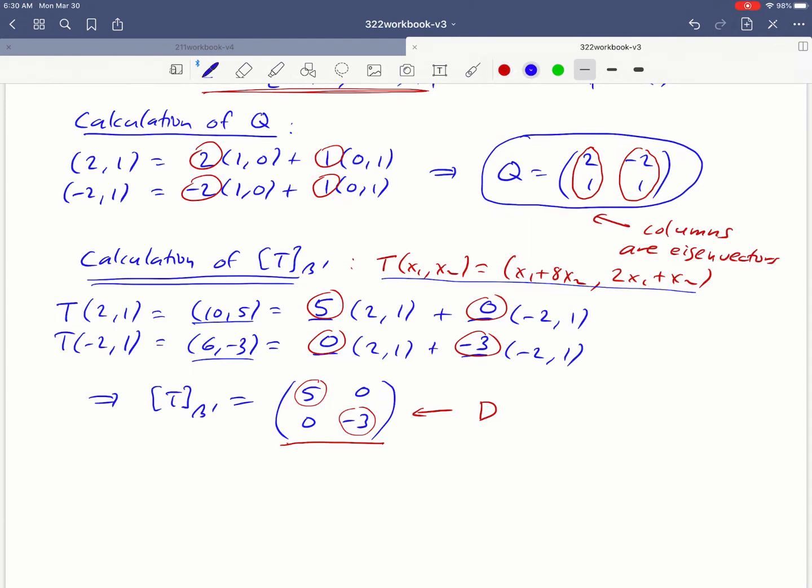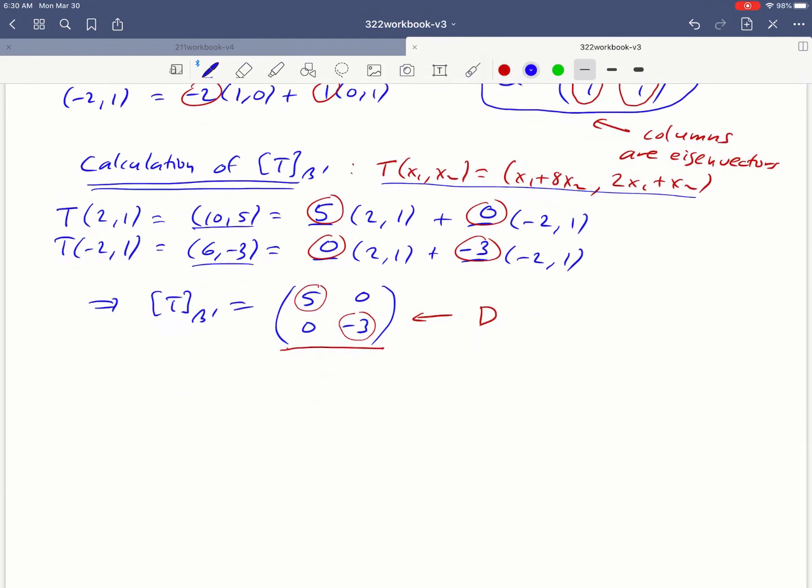Okay, and so putting it all together, here's what we have. 5, 0, 0, negative 3. And I'm looking back at the top of the page here.